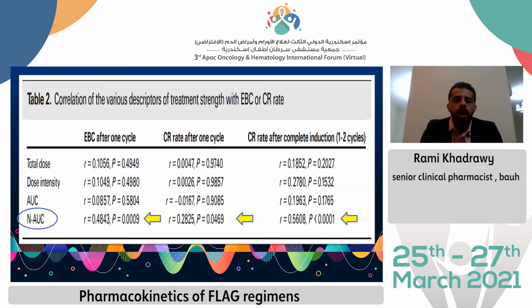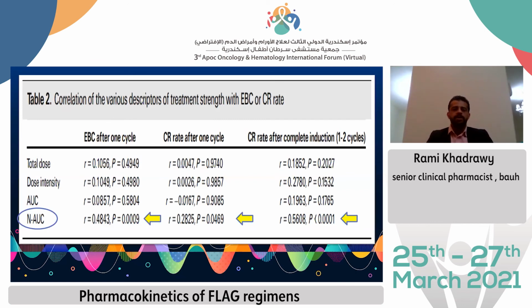With a highly significant p-value for NAOC on the early blast clearance after 1 cycle, and CR of 0.04 p-value, there was a significant correlation between the NAOC and the pharmacodynamic response.